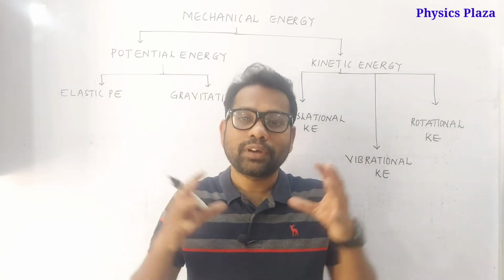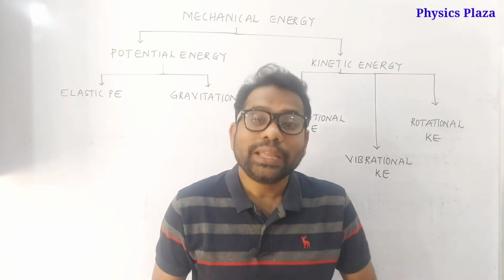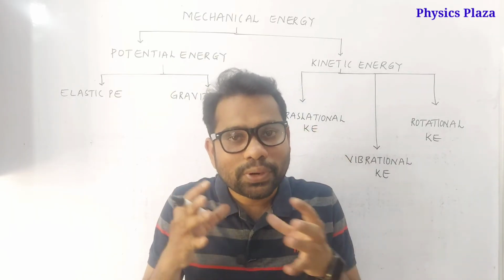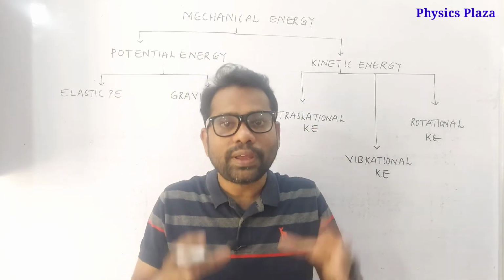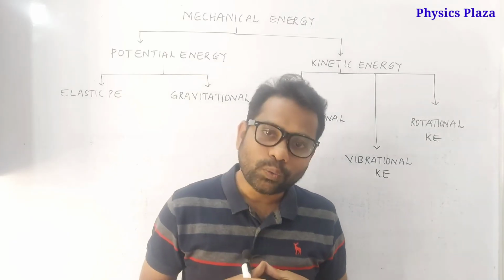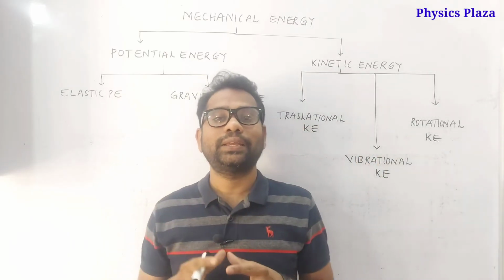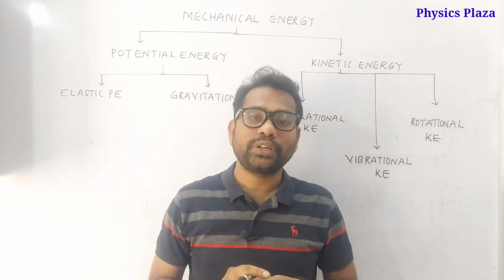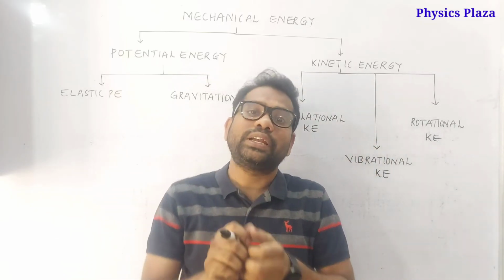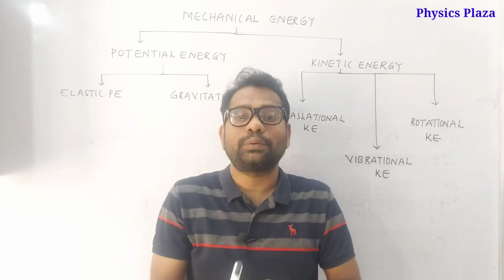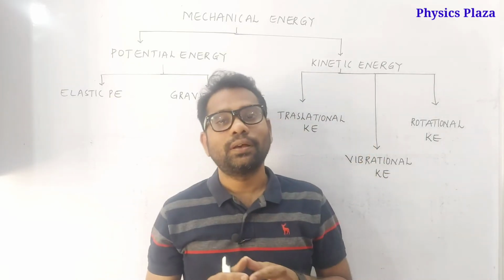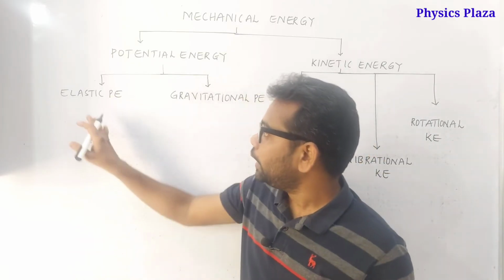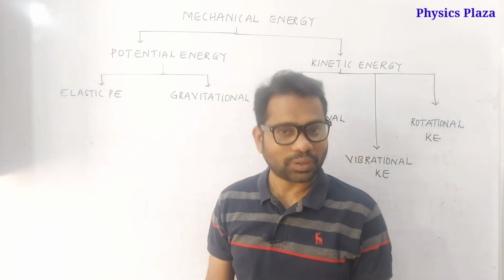The property by virtue of which an object regains its original shape and size after removal of external force is called what actually? Elasticity. So, the potential energy gained by an object due to the deformed state, deformation might be in size or shape, is called elastic potential energy.